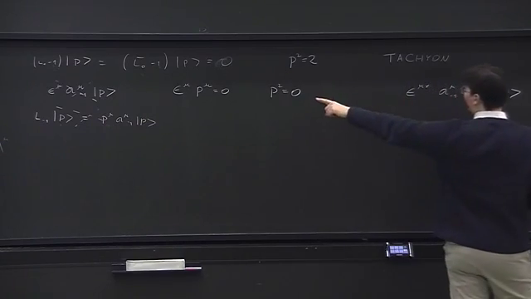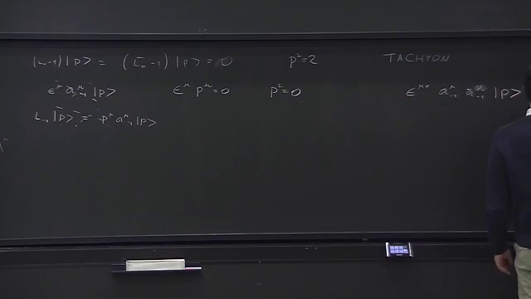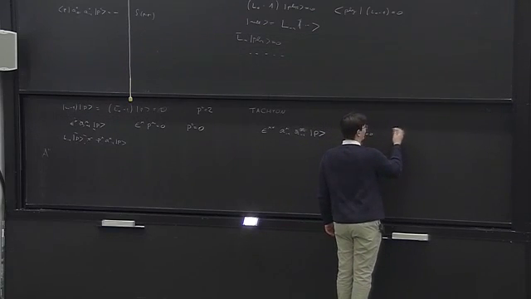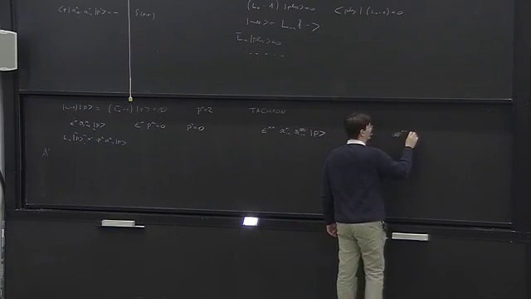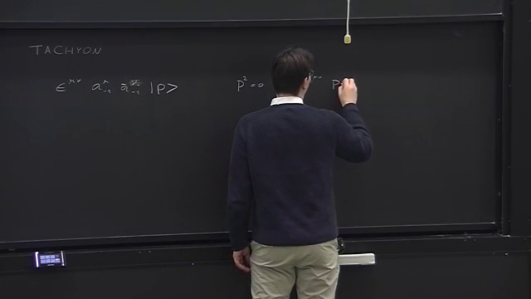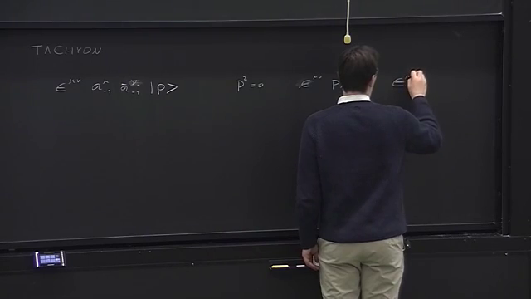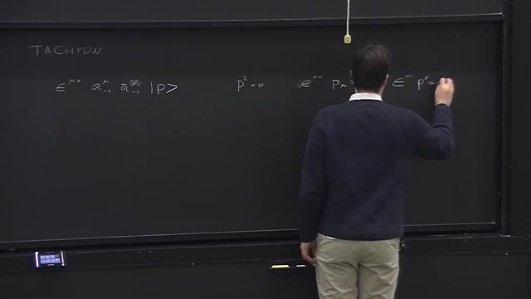And then the statements I was writing there remain very similar. So P squared is 0, and epsilon mu nu is orthogonal to both P mu and P nu.